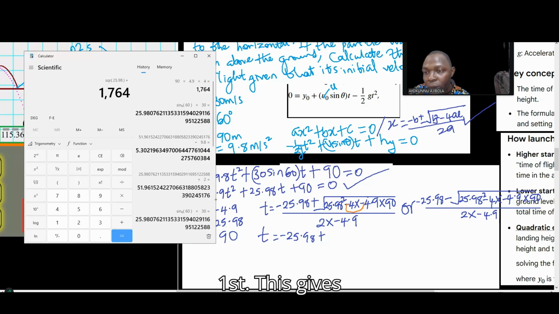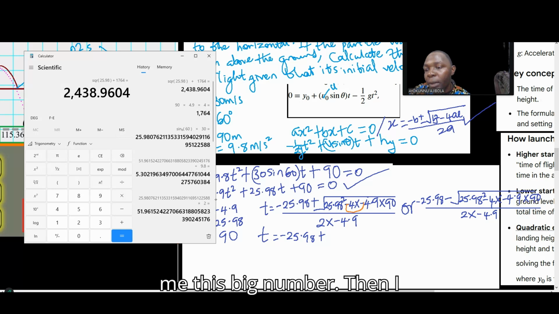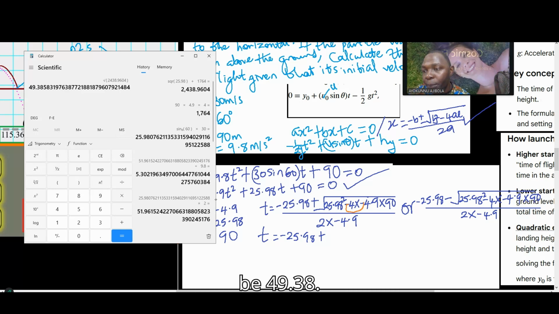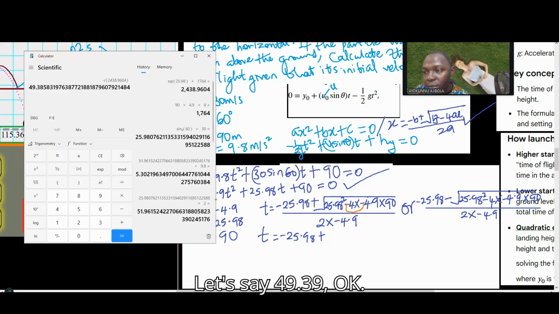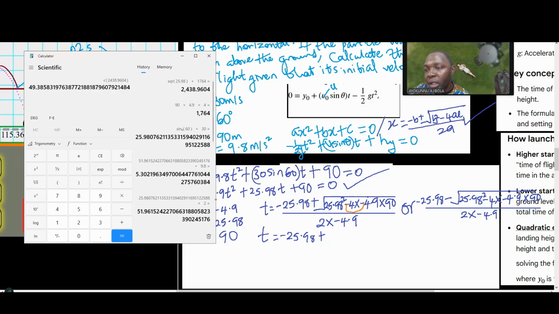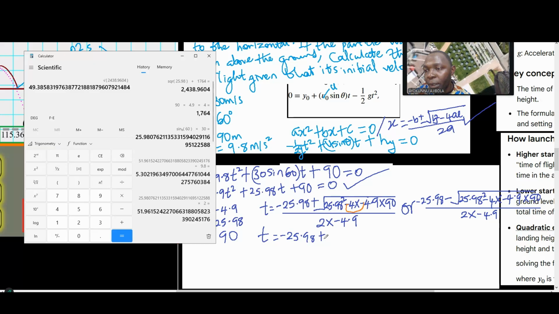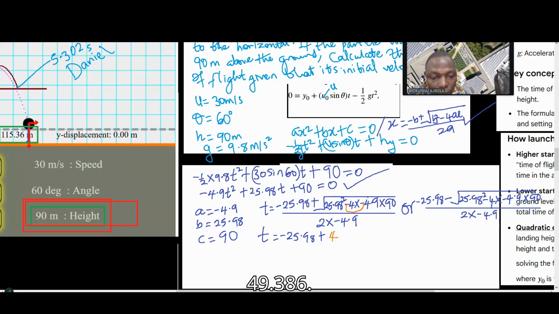Yes. This gives me this big number. Then I find the square root. That will be 49.38. Let's say 49.39, okay? Or I take it 49.386. All right.